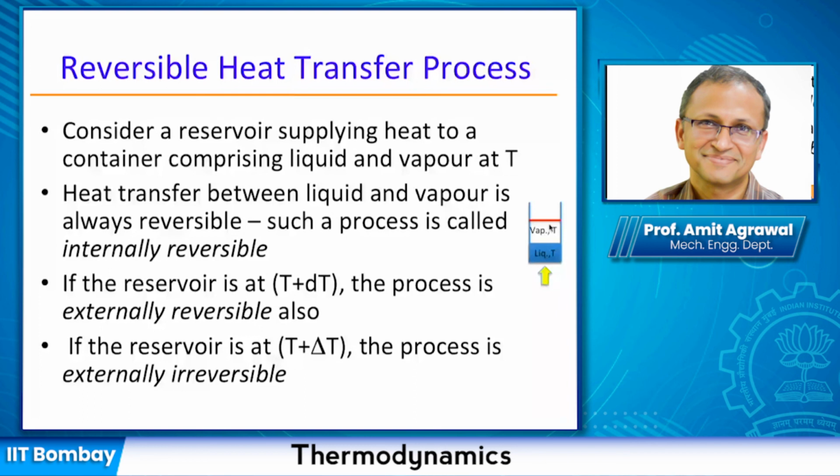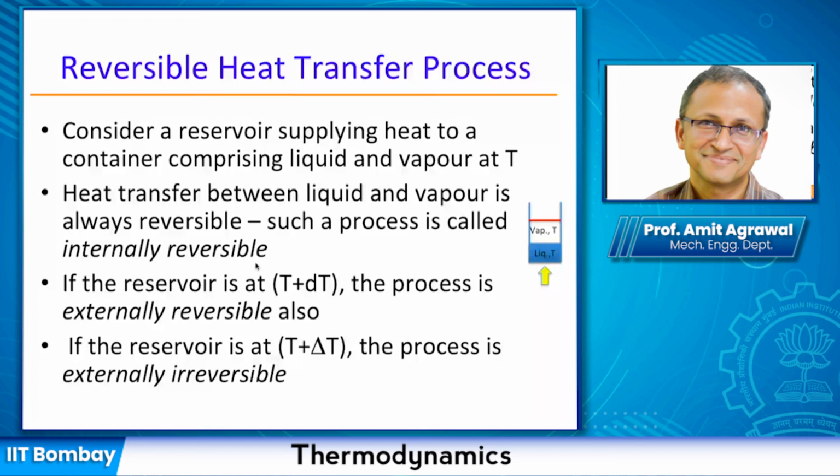The moment a small amount of heat gets added to my liquid, some amount of that liquid evaporates and gets into vapor. So you can see that inherently here, there is a dT. It's a very, very small gradient which is driving this conversion of liquid to vapor. So we can say it's an internally reversible process.